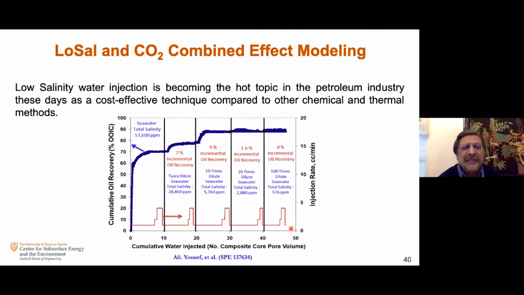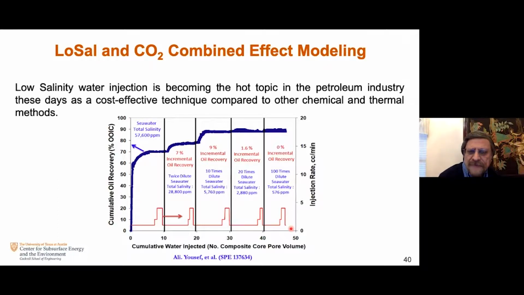This was work done by Ali Youssef et al. from Aramco, and it shows that by changing the salinity of the water, you get incremental oil recovery. This leads to needing a geochemistry engine to handle it. In our application, we believe this is due to wettability alteration.